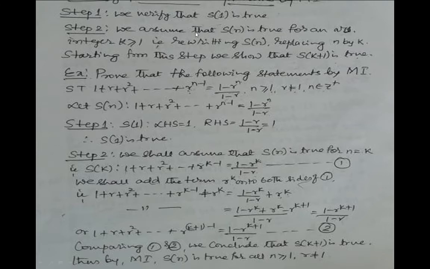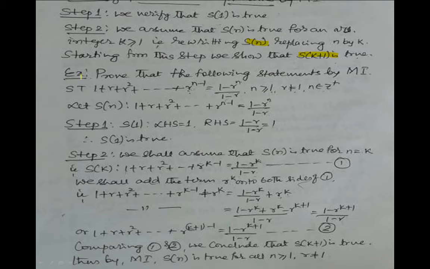Rewriting S of n, replacing n by k, that is putting n equal to k, starting from this step, we show that S of k plus 1 is also true. If S of k is true, then S of k plus 1 is also true. This is the working procedure for our problems, as I discussed in the previous class.